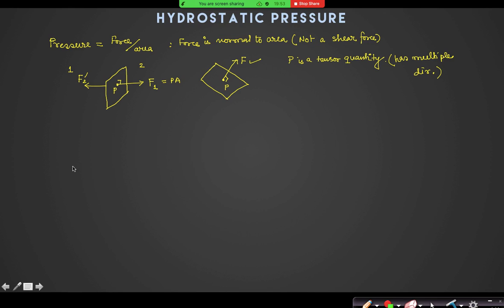For the time being, I will consider the container as well as the fluid both at rest. So suppose this is the container, I'm drawing the container, and suppose this is the fluid level. This is the container, and this is the fluid kept inside the container.